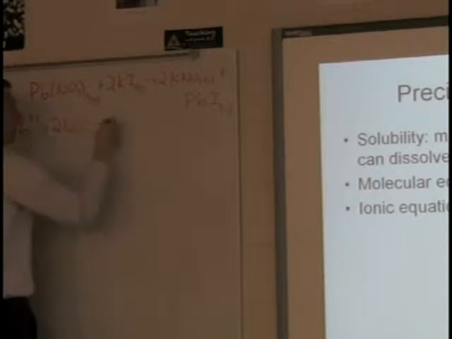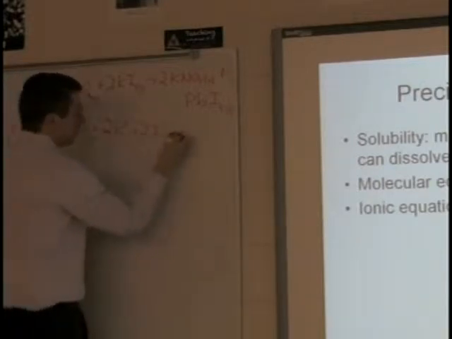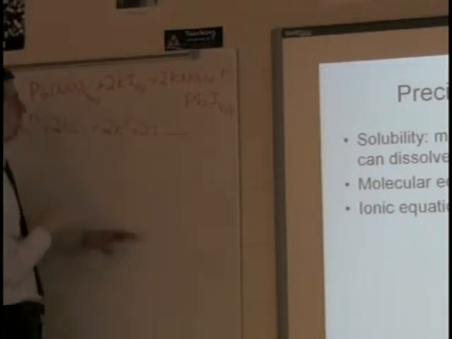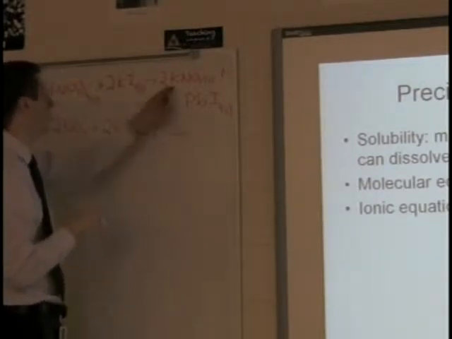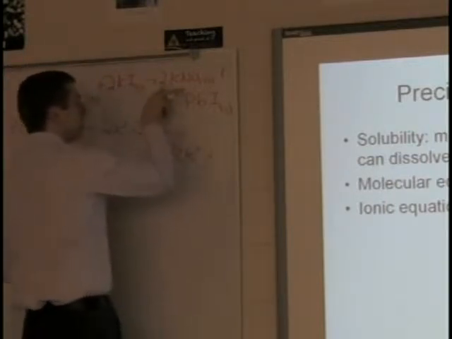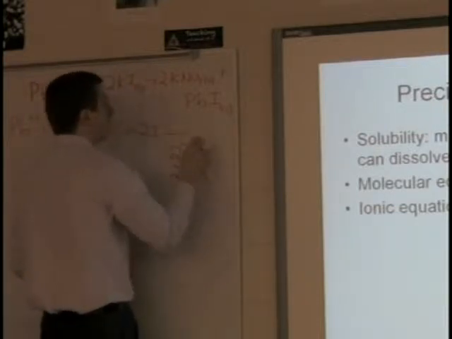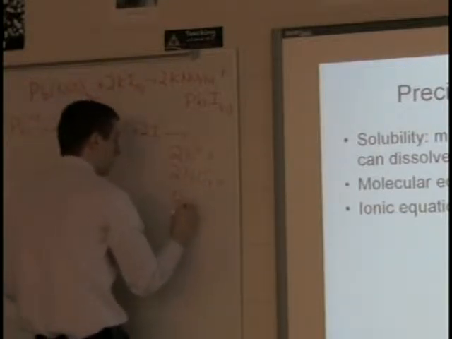I also have 2 K plus ions and 2 I minus ions. All this is going to yield, and again, sorry that I'm running out of room, I'm just going to draw the rest down here, 2 K plus ions plus 2 NO3 minus ions plus the PbI2.